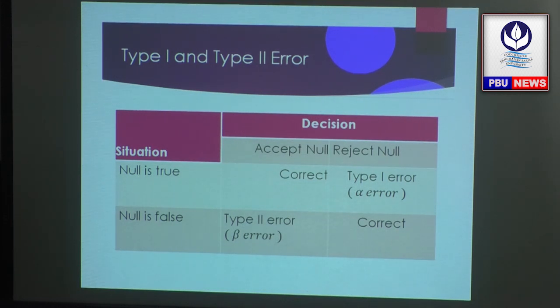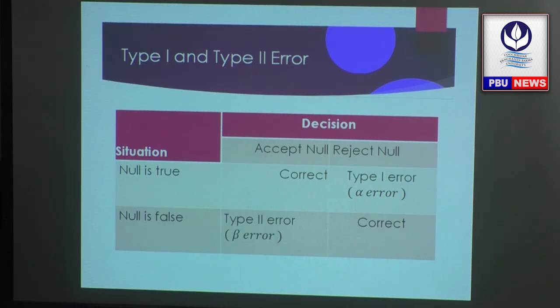Here, null is true and accepted is correct, that means both are correct in the first quadrant. Then the null hypothesis is true and we reject the null hypothesis. This type of error is called a type 1 error or alpha error.